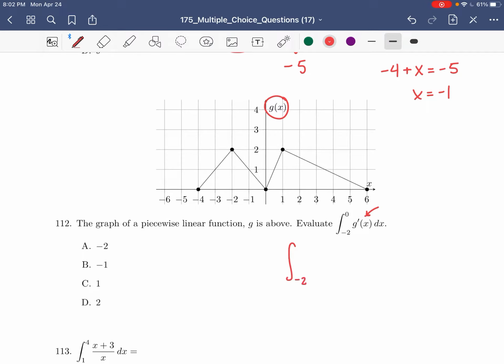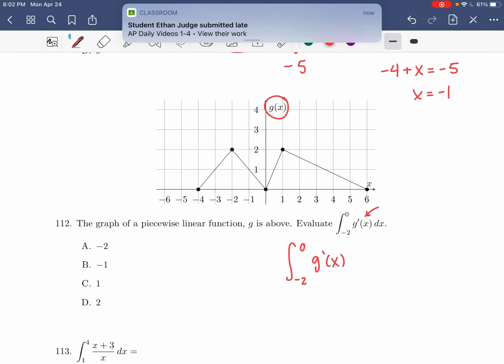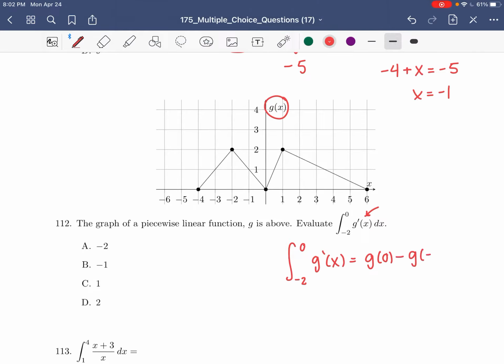Those do not match, so it's not going to be area under the curve. We need to set it up with the first fundamental theorem of calculus. So that's going to equal g of 0 minus g of -2.